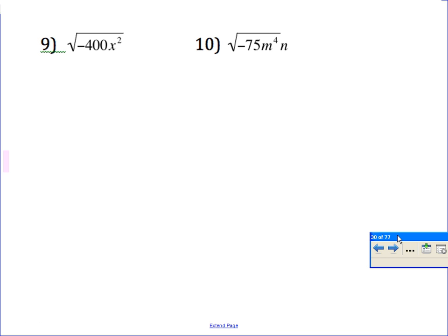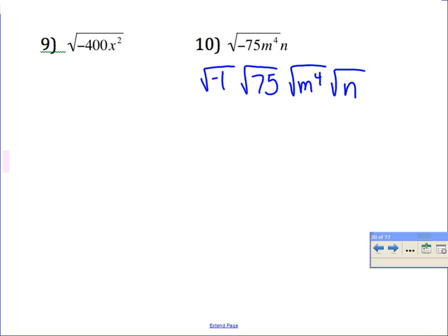So number 10, again, we realize that there's a negative inside the square root, so we know it's going to be an imaginary number. So let's break it down to square root of -1, square root of 75, square root of m to the 4th, and square root of n. At this point, we know square root of -1 is i.